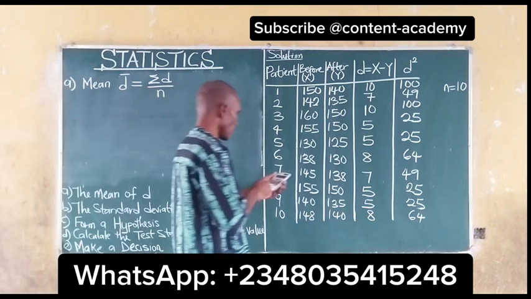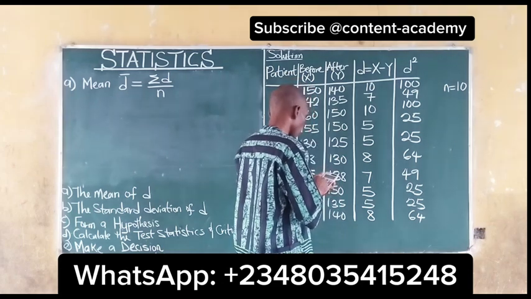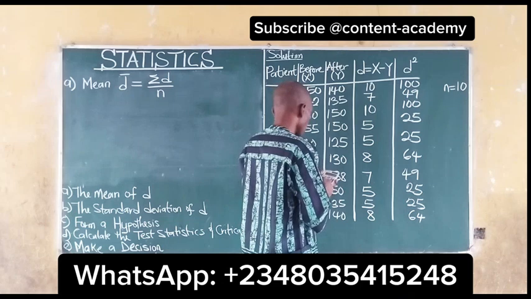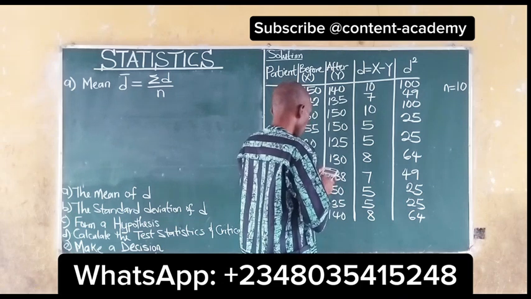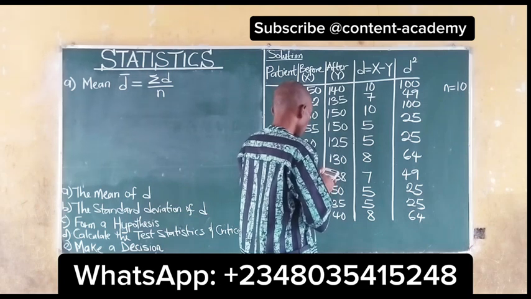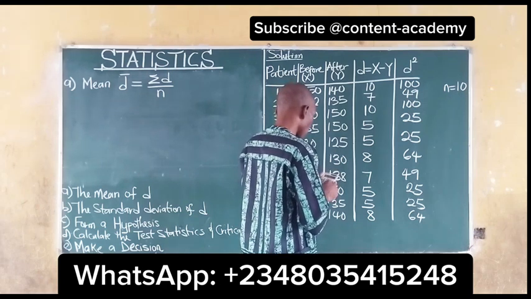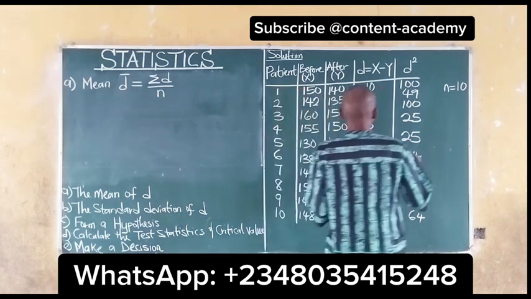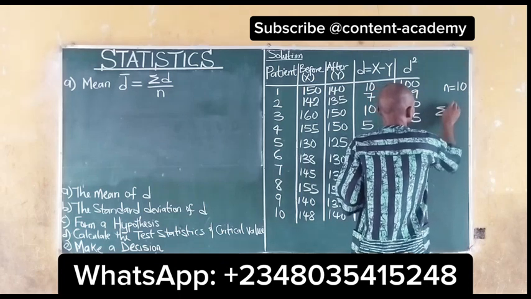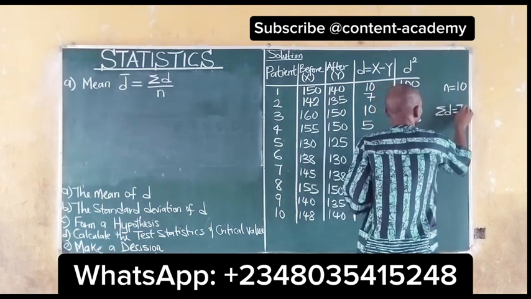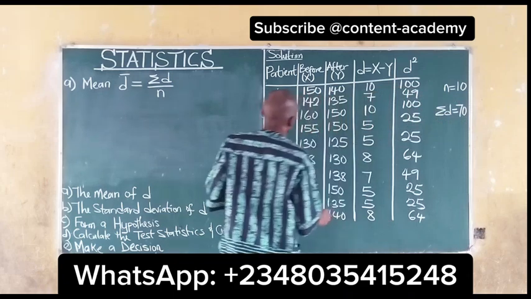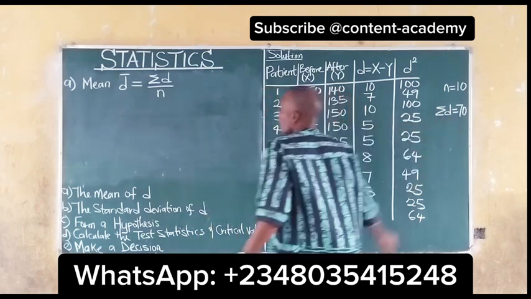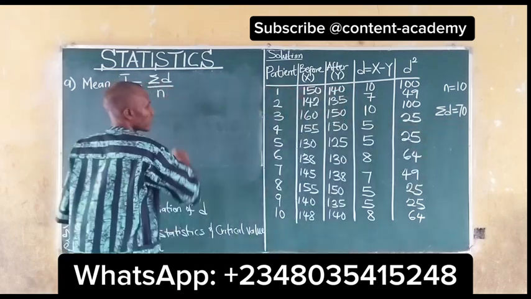We have 10 plus 7 plus 10 plus 5 plus 5 plus 8 plus 7 plus 5 plus 5 plus 8. So we have 70. Summation of d is equal to 70 and n is 10.